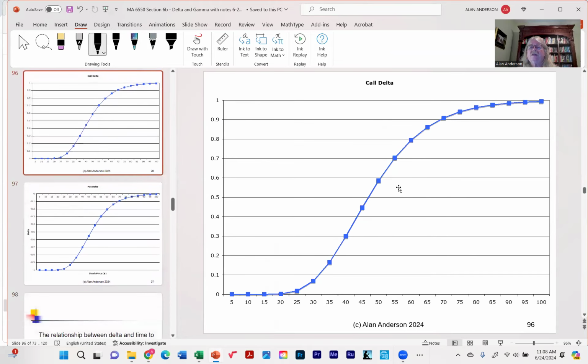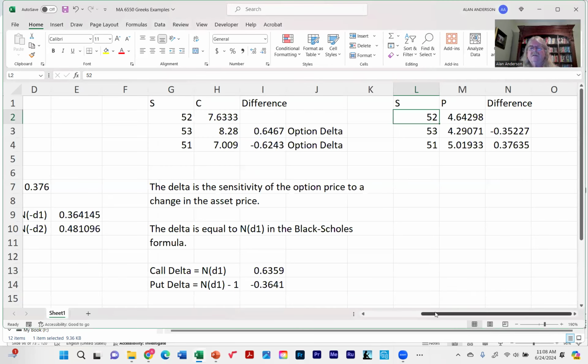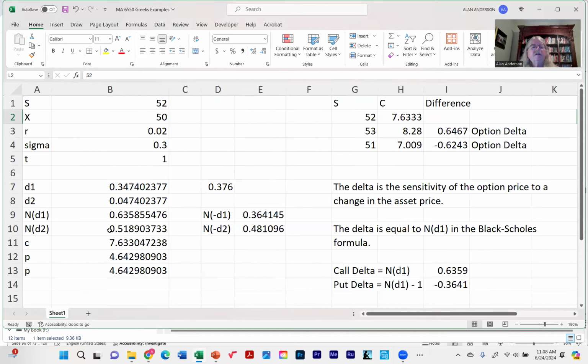Oh, by the way, here are some interesting graphs. Notice how every time I change the stock price, the delta changes. Right now the delta is right here, 34 something. If it changes to 53, the delta goes up. If I knock this down to 51, the delta goes down. Sorry, this is the call delta.